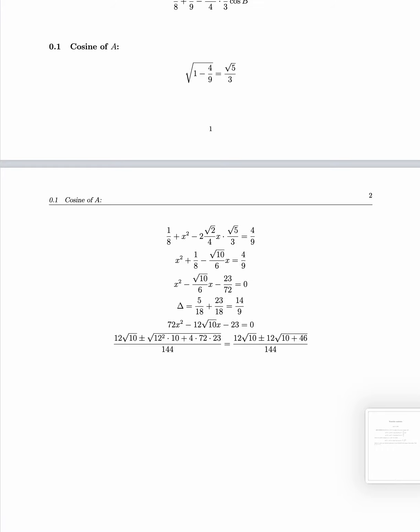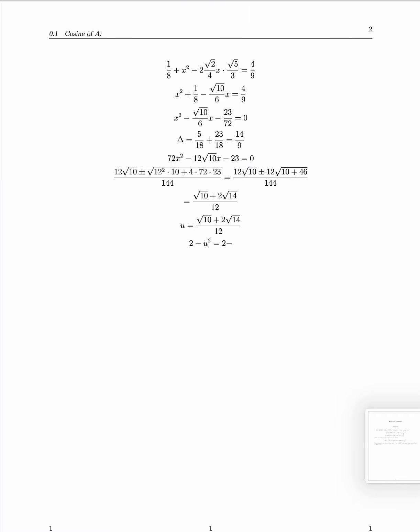So let's just say u is equal to this thing that we already solved, and then find the u square, 2 minus u square, which is equal to 2 minus, let me just make it clear, (66 plus 4 times square root of 140.